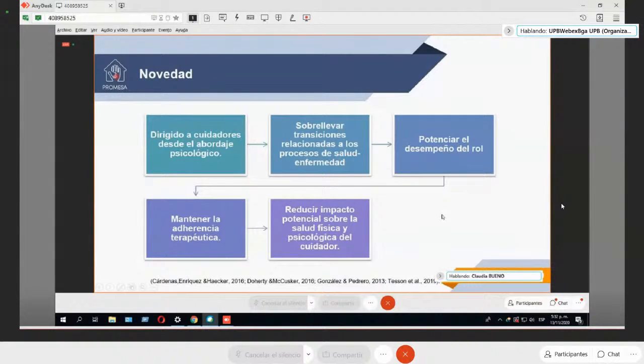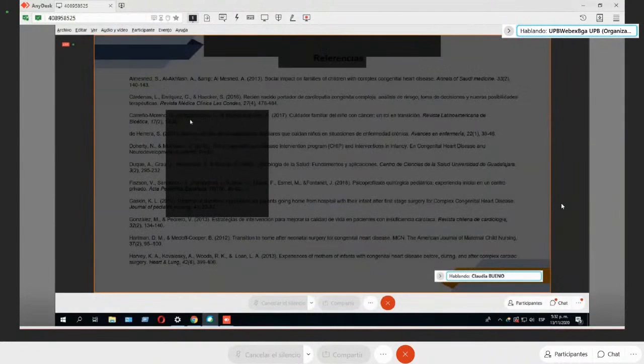Through this program, we would like to develop the role of the caregivers, so that they have a more appropriate and functional approach, trying to decrease the anxiety and anguish levels and other stressful conditions associated to this approach, and also reduce the potential impact on the physical, mental, and psychological health of the caregiver.